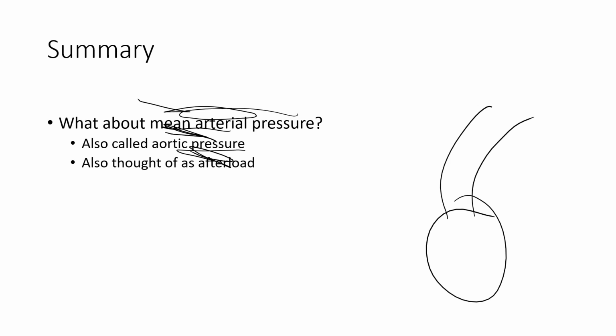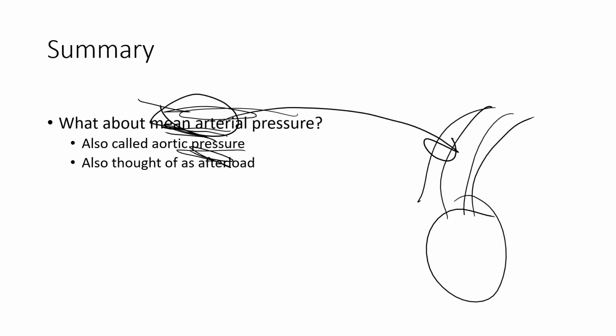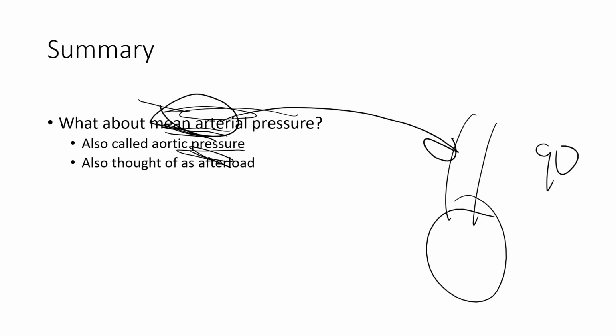And what's mean arterial pressure? The mean arterial pressure is the average pressure within the arteries, systemic arteries. Okay? So if you know mean arterial pressure, average pressure within the arteries, then approximately you know the average pressure within the aorta, right? If you know that mean arterial pressure, for example, is 90 millimeters of mercury, you're usually going to measure that by looking at the brachial artery, and you say, okay, that's the average pressure within the arteries.